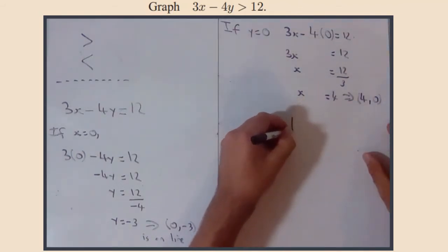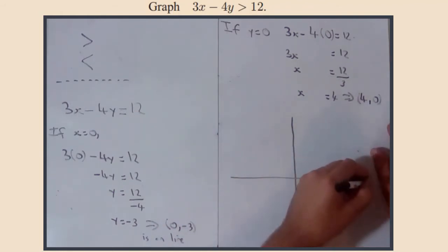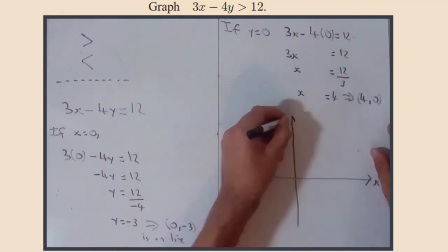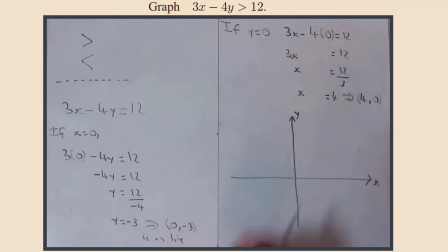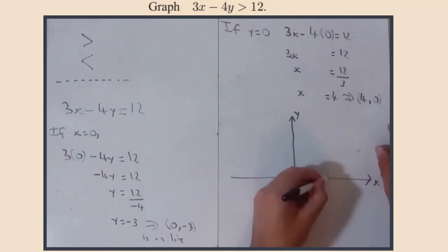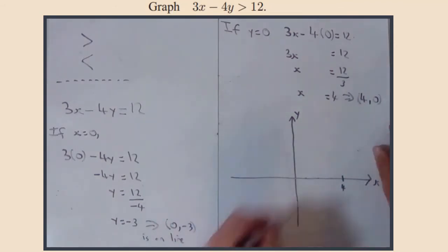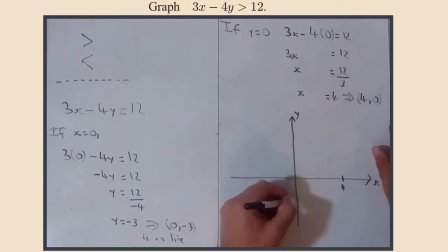So if we just draw some axes, try and scale it out as evenly as we can, but we need (4, 0). So 1, 2, 3, 4, 0 can be there. And (0, minus 3) can be 1, 2, 3, down like that.